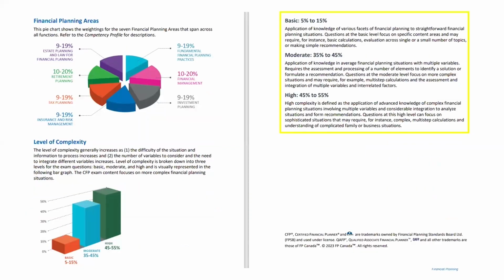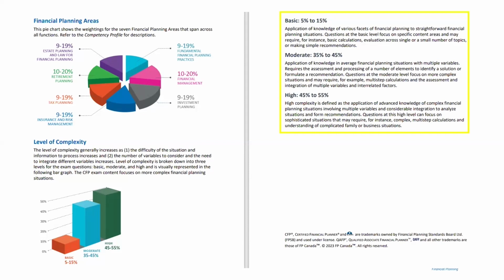Each question on the exam has been given either a basic, moderate, or high complexity assignment. The level of complexity for an exam question increases if more knowledge is needed, or there are more variables to consider, or if you need to integrate and factor in a number of different elements.